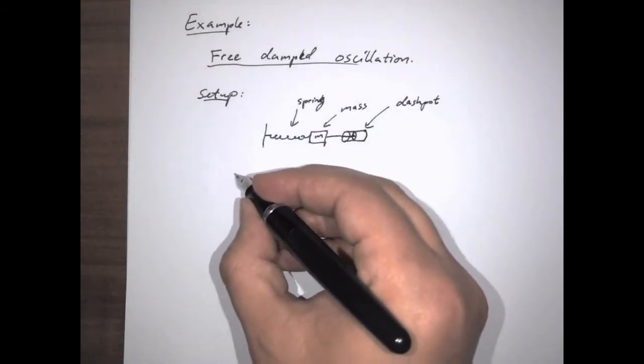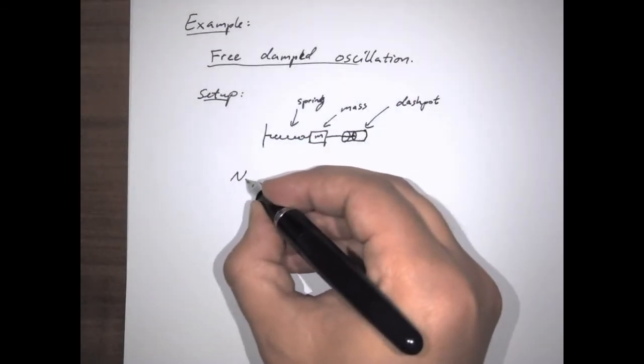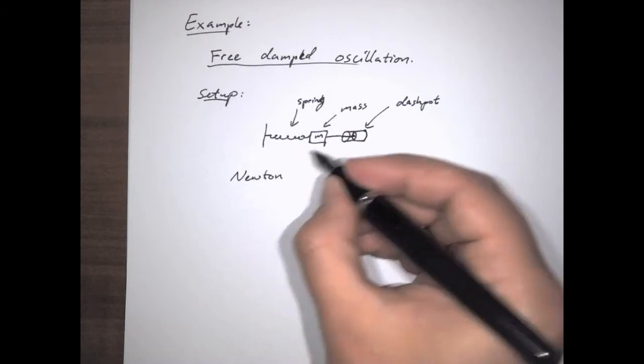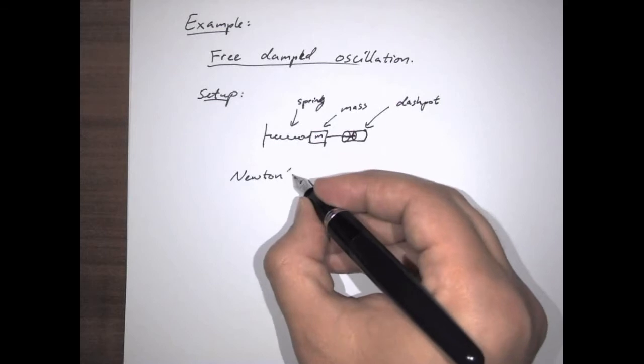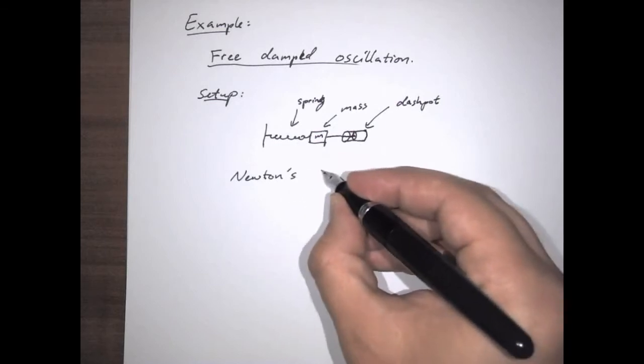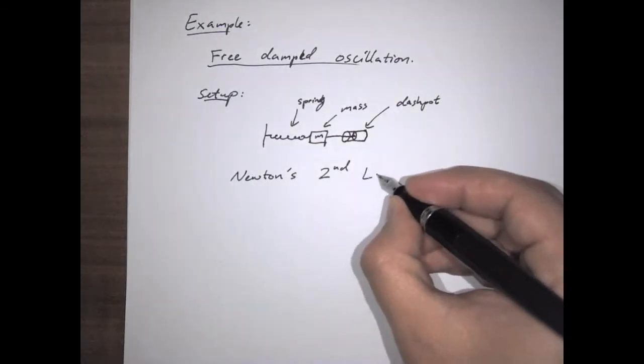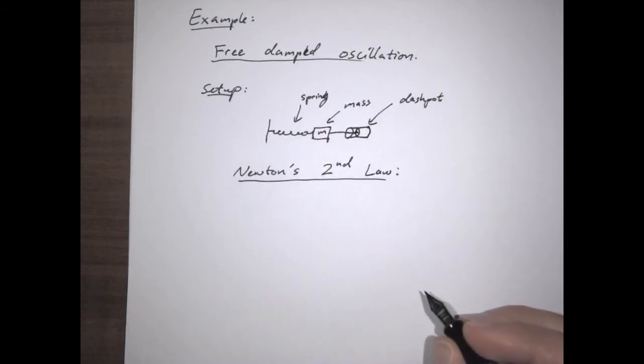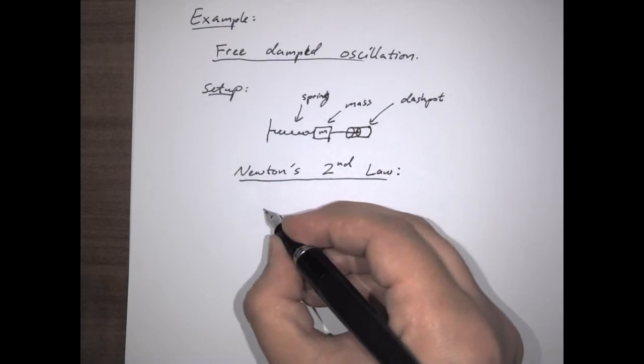So then we can put together several of the famous laws from the 17th century. We've got Newton's second law, most important law really in all of physics, which relates force, mass, and acceleration.